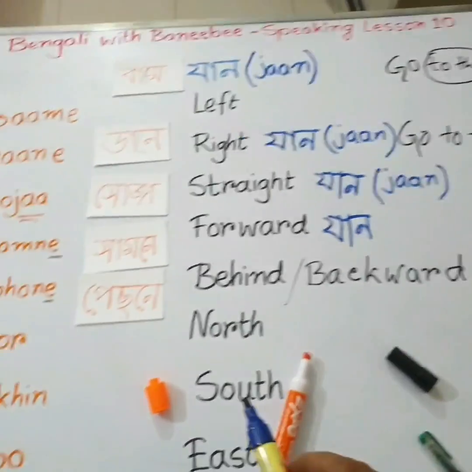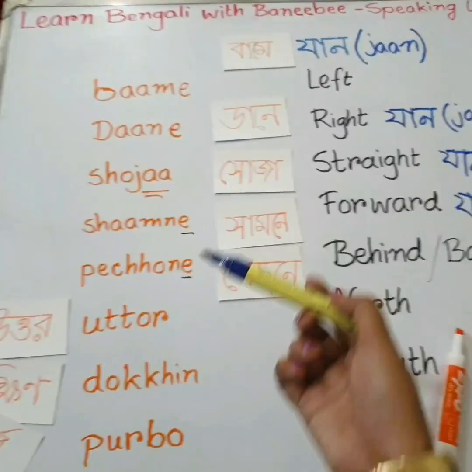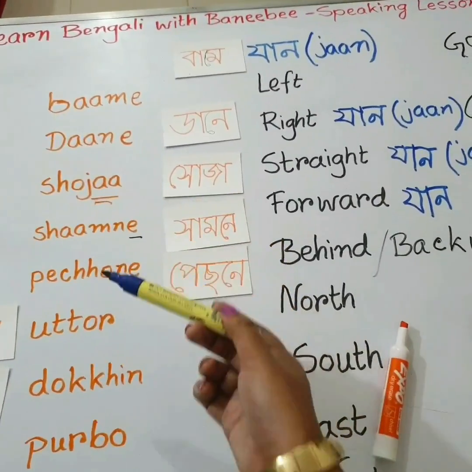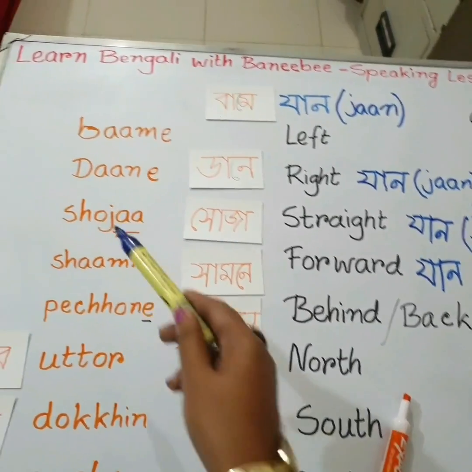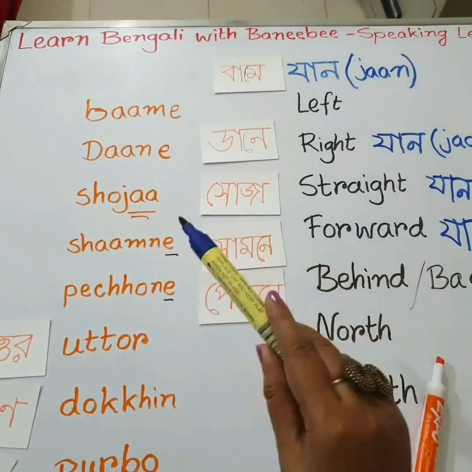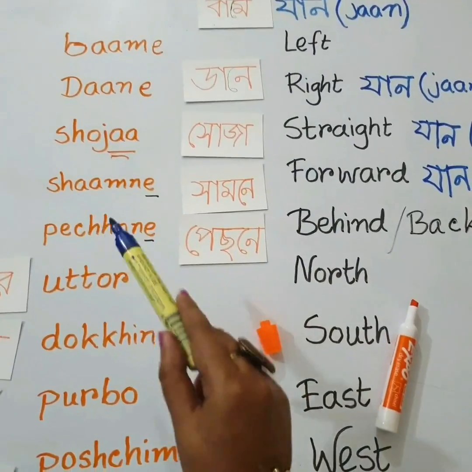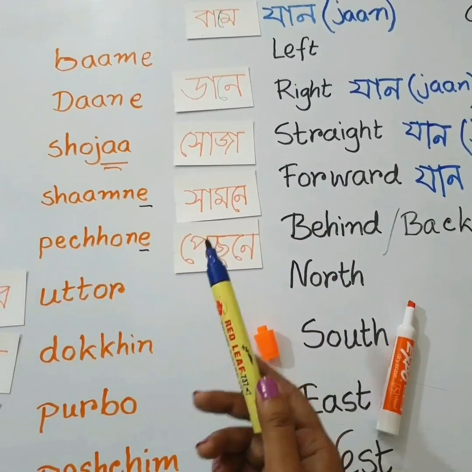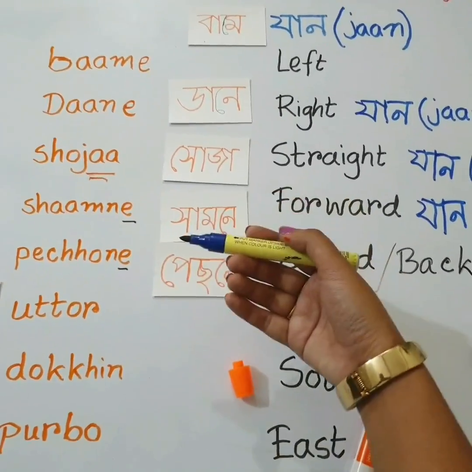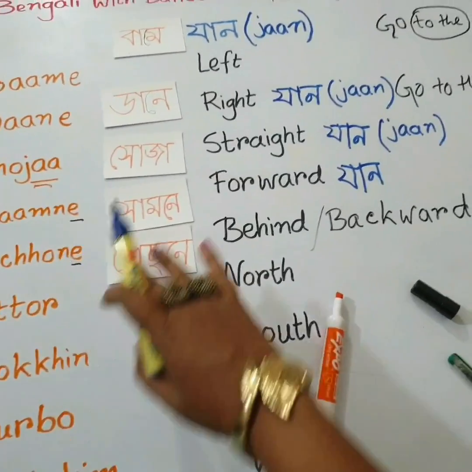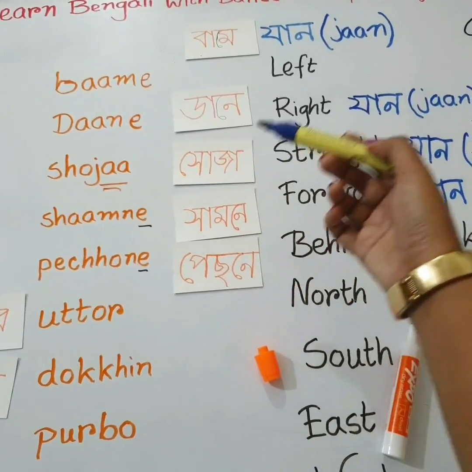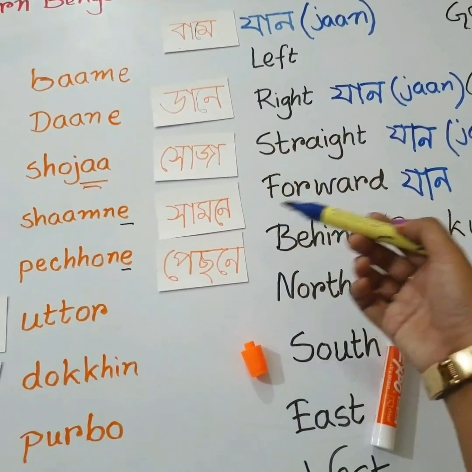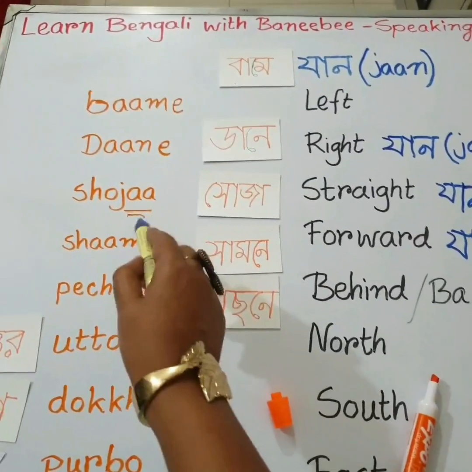Pechone jaan. You can ask, what is the difference between shoja and shamne? Actually, shoja means straight, only straight. But shamne can mean in front of, and it can mean straight as well. So shamne can be used in both ways, as straight, as forward, as in front of.